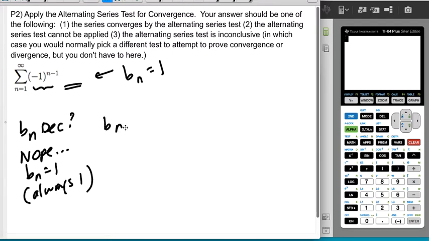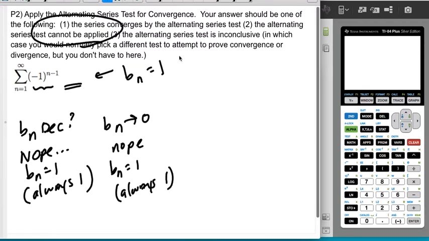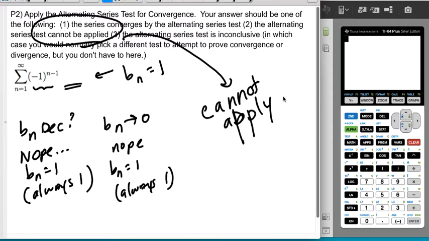And I have to show that b sub n is approaching 0, but nope. Again, b sub n is straight up a 1. So I cannot apply the alternating series test.